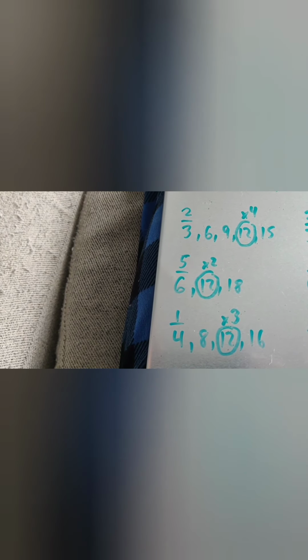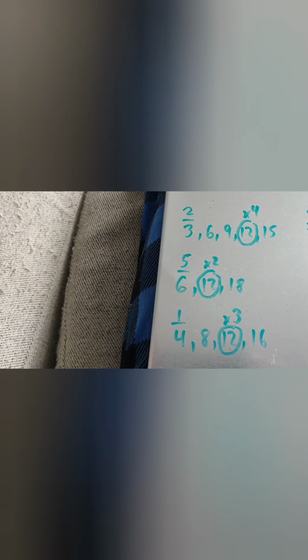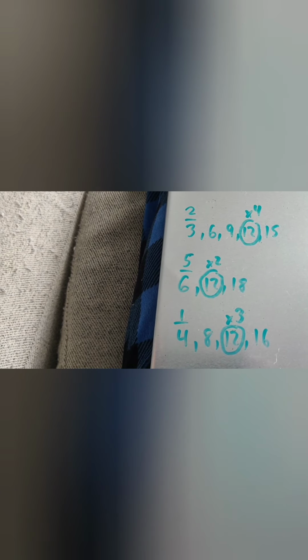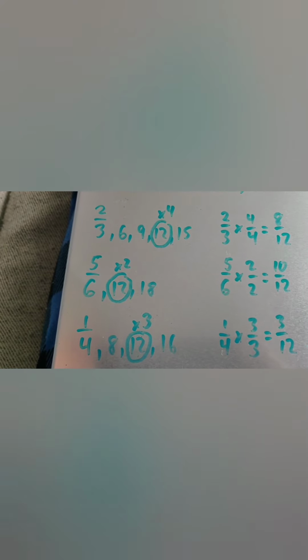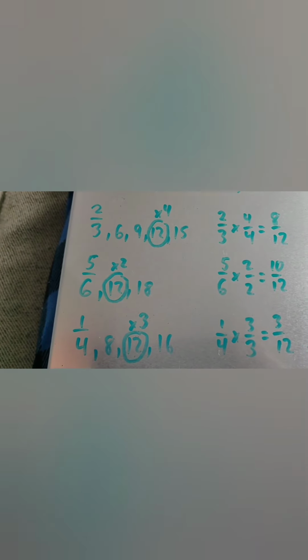So what we should have done is skip counted the denominators in each of those three fractions until we found the same denominator. Recognize that we should multiply 2/3 times 4/4 to find an equivalent fraction with a denominator of 12.